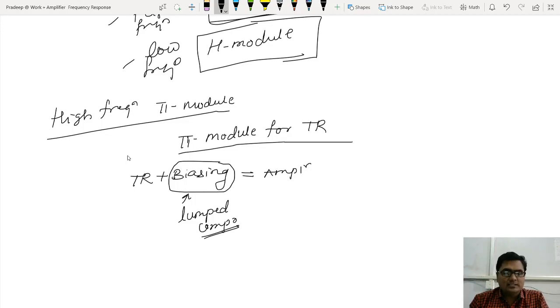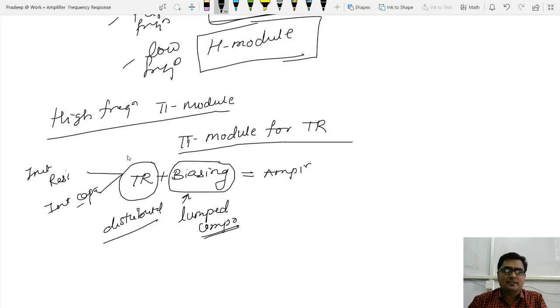So what are those distributed components? Distributed components means the internal resistance and internal capacitance of a transistor. Those are distributed components.